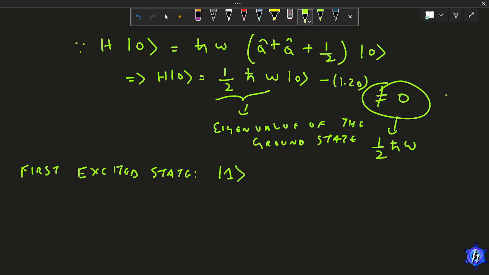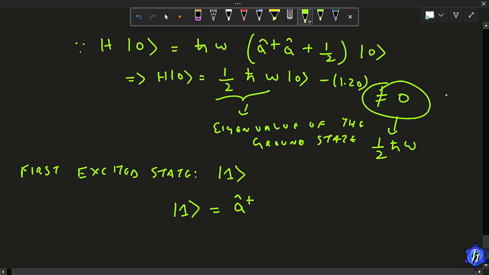As we said earlier, A dagger is the creation operator. It creates a quantum of energy, so this fits what I said perfectly. So this is equation 1.21.